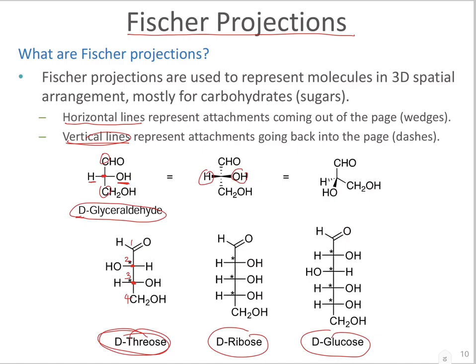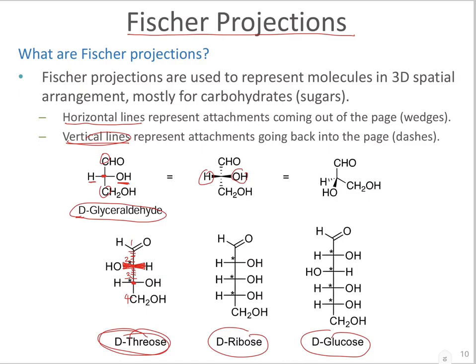To determine whether we have an R or S configuration, we need to visualize these bonds clearly. So at each stereocenter, we need to look at the bonds that are horizontal as if they're coming out of the screen towards our direction.